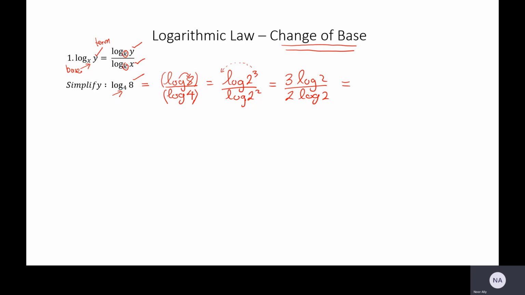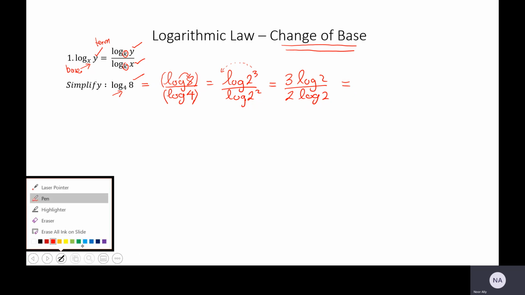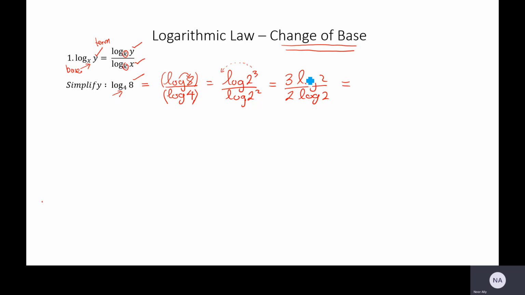And now when I do cancel off in this case, it will be cancelling off this entire log 2 like so, giving me the straightforward answer 3/2. There's an application of your change of base law.